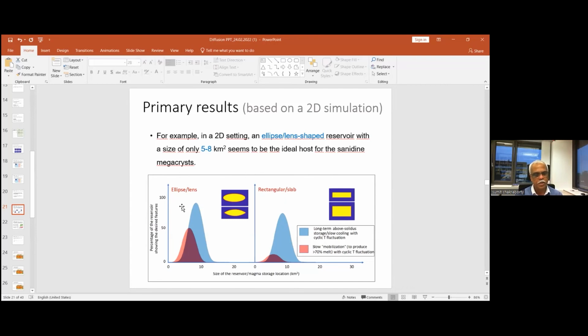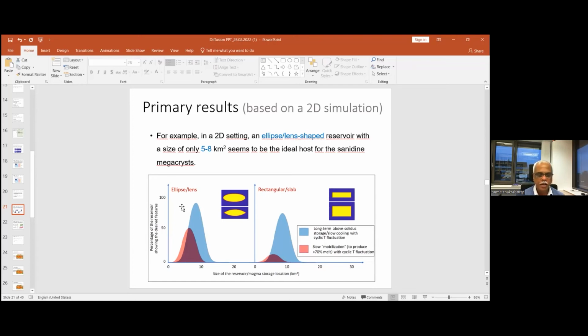You just fix a point and you track the temperature time history in that point for a given size of reservoir and for a given thermal pulse. And a thermal pulse can be moving from bottom to up. If you're looking at a sill, then it moves from bottom to up. But if you're looking at a dike, then it also spreads out laterally. So that's how the difference in the shape of the thermal pulse comes in. Is that correct, Smruti?